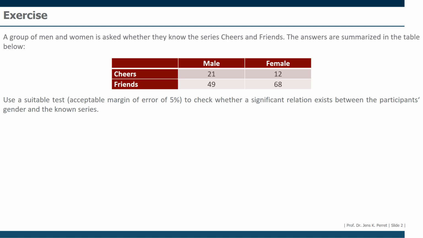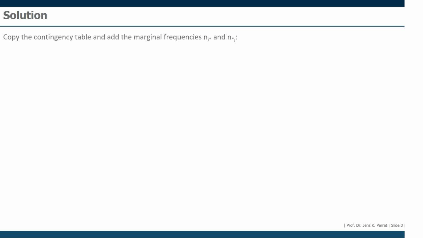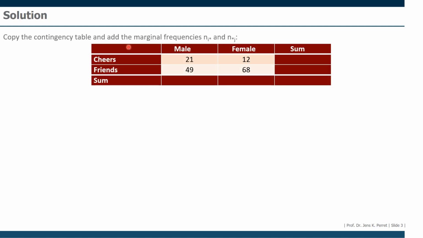Well, if we want to calculate chi-squared, the first thing we need is to actually expand this table. So I'm going to copy the table as it was in the exercise and add one column and one row. There I'm going to put the column and the row sums, which is what we call the marginal frequencies.